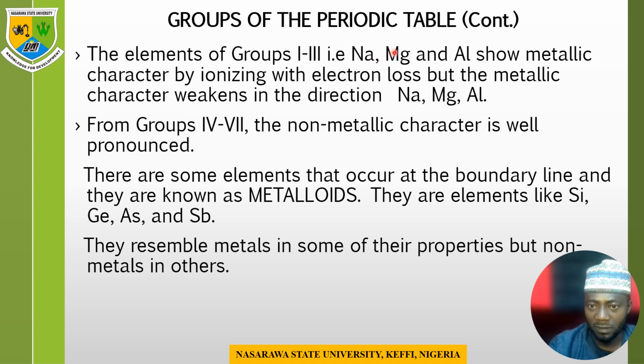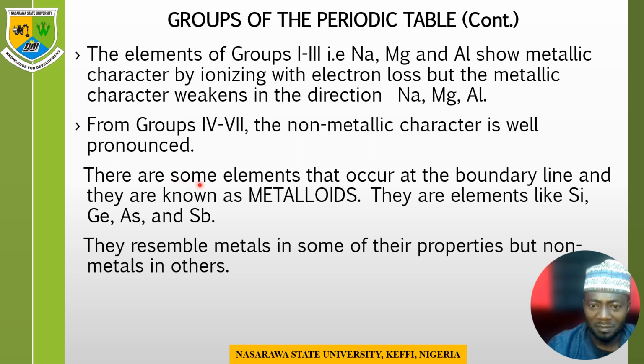Magnesium also can give out electrons, and aluminum also can give out electrons and become positively charged. So this ability will decrease as we move from the left hand side to the right hand side of the periodic table. Groups 4 to 7 exhibit non-metallic character, as we are going to see in the table, the next slides.